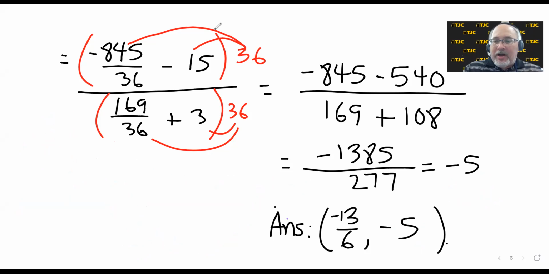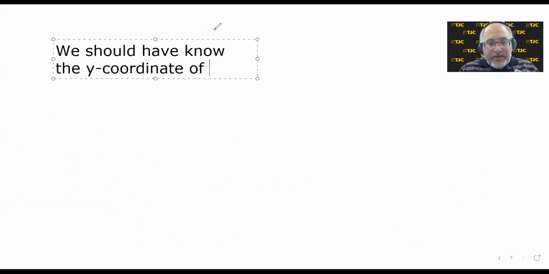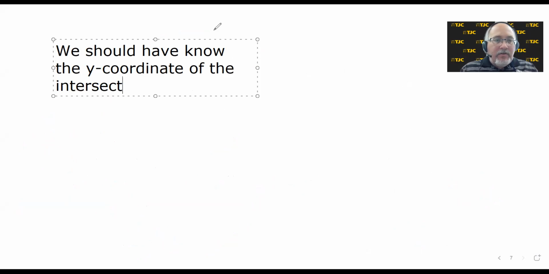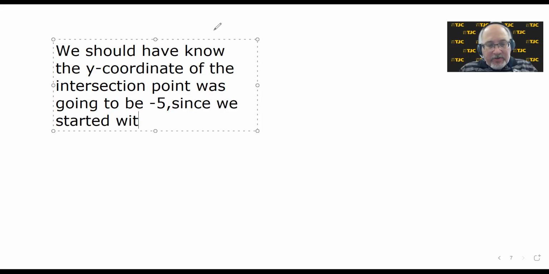I do want to make a quick comment though. We should have known the y coordinate of the intersection point was going to be negative 5, since we started with q of x equals negative 5.